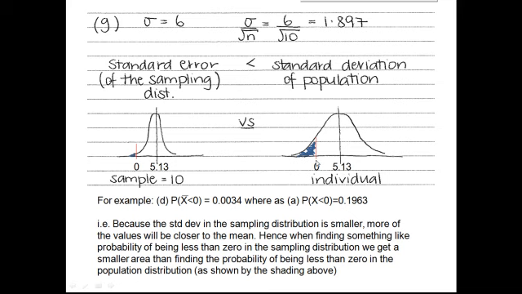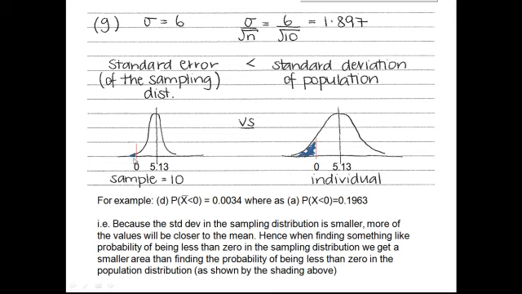When we looked at the sampling distribution, because the dispersion is much smaller, when we looked at that same sort of cutoff point of 0 and said, well, how much error is below it, there was a much smaller part of the distribution because the majority of values were close to the mean.